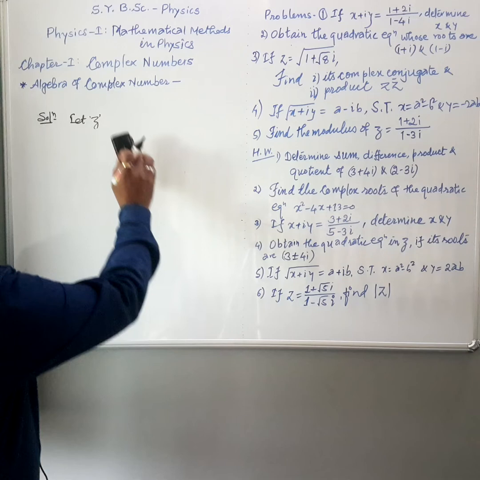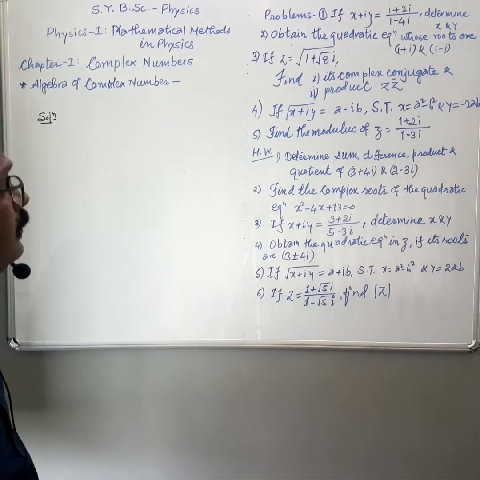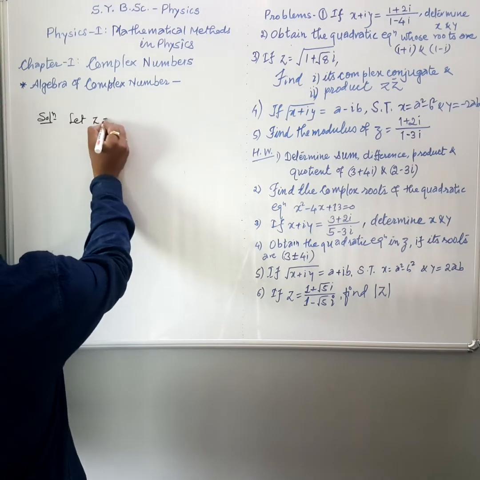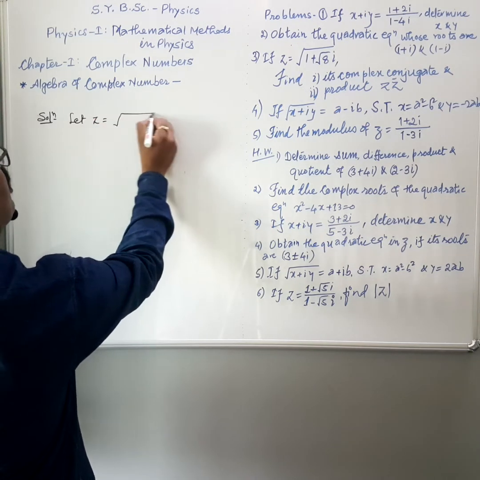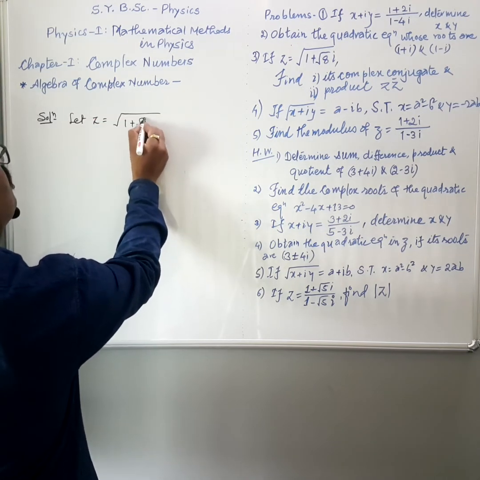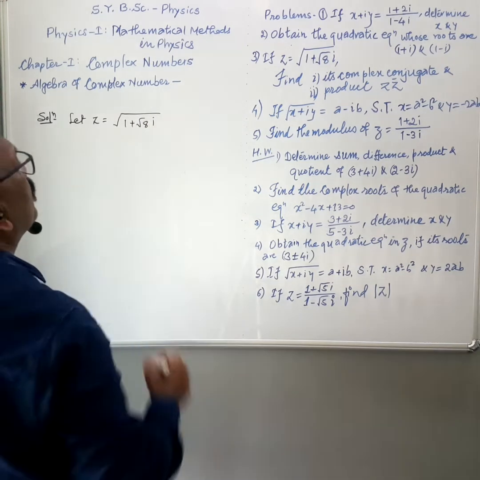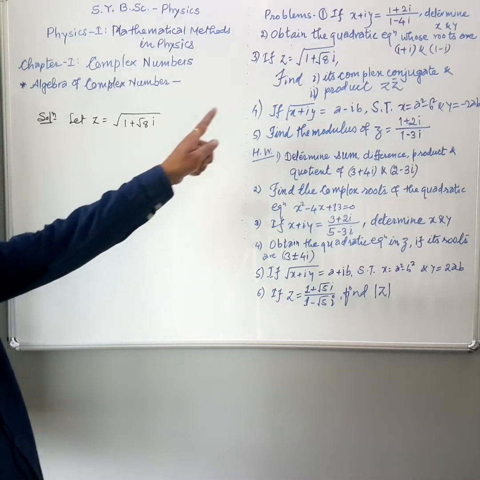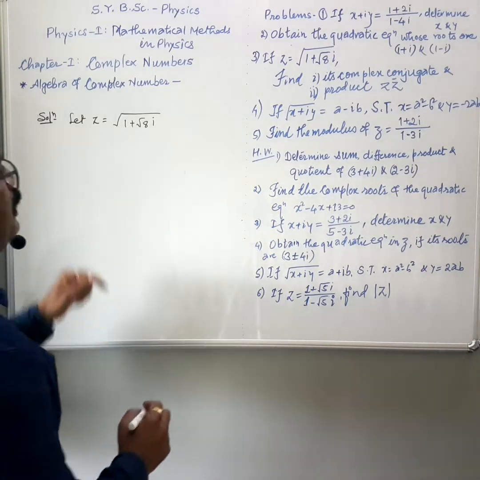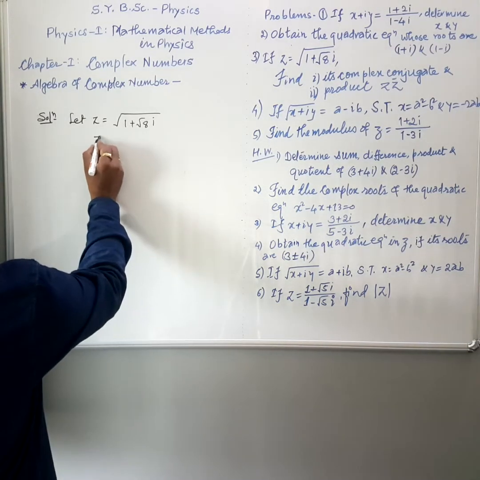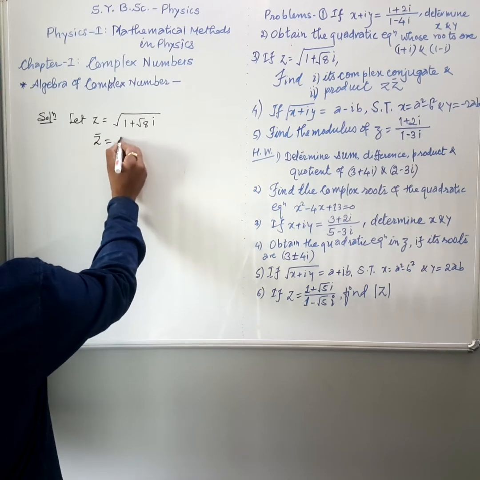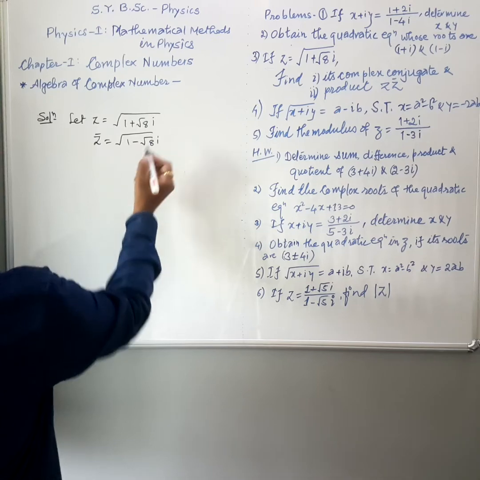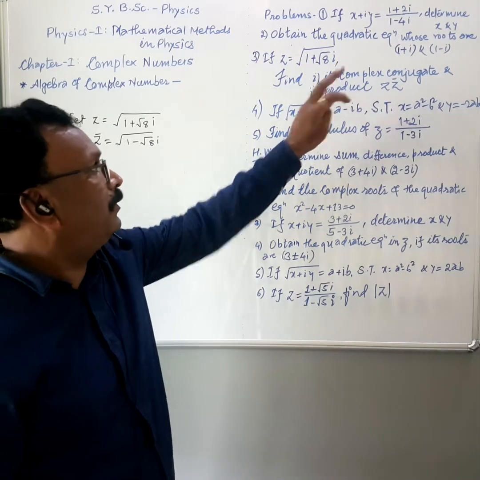For this purpose, let z be equal to 1 plus root 8 i. This is the given z. Now, its complex conjugate, z bar, is equal to 1 minus root 8 i. This is the answer to the first part.